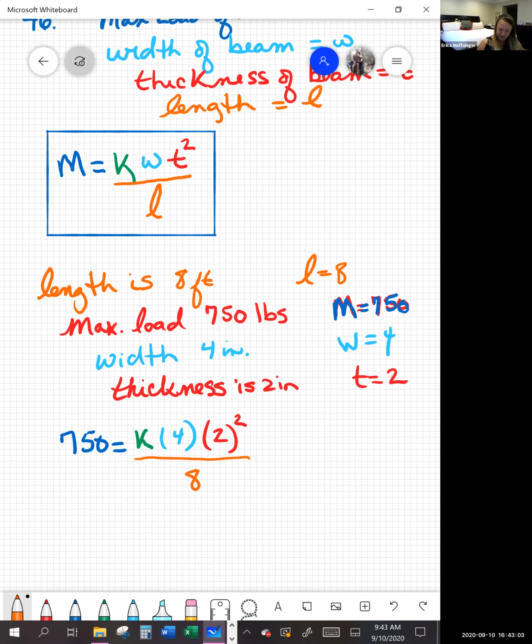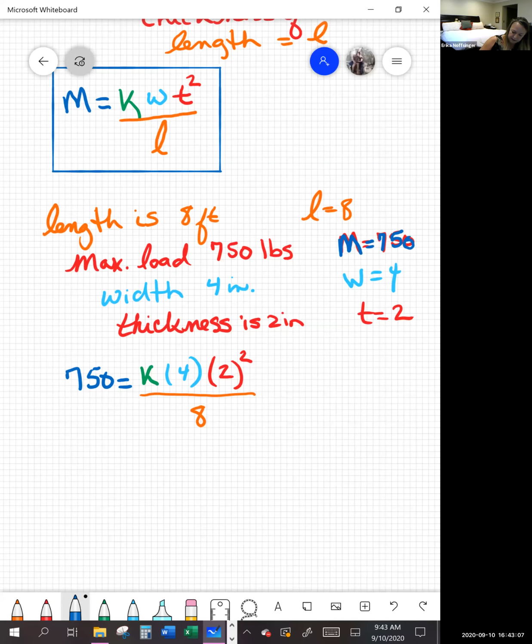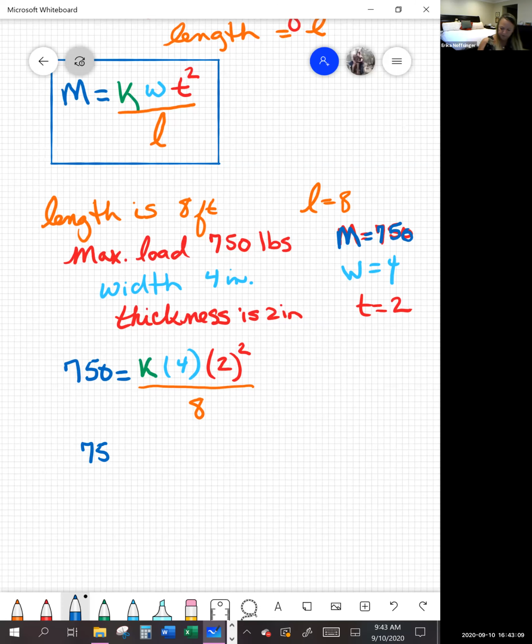So let's simplify this. We have 750 equal to, well, I know this 4 goes into 8, so I can start canceling a couple of things. 4 goes into 8 twice, which means that 2 squared over 2, that 2 would cancel with one of those 2s. So really what I'm left with on this side by simplifying is 2K.